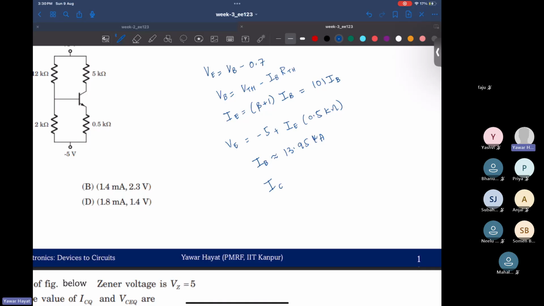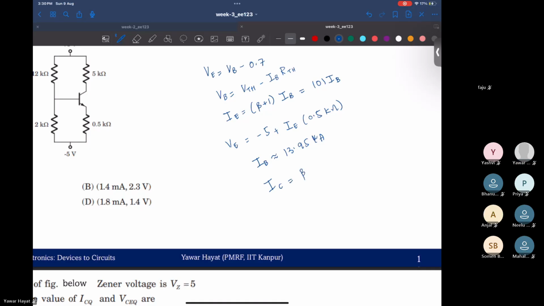Yeah, and how much is that? 139.5, sorry, microampere. What is written there? 13.95 microampere. This is micro.